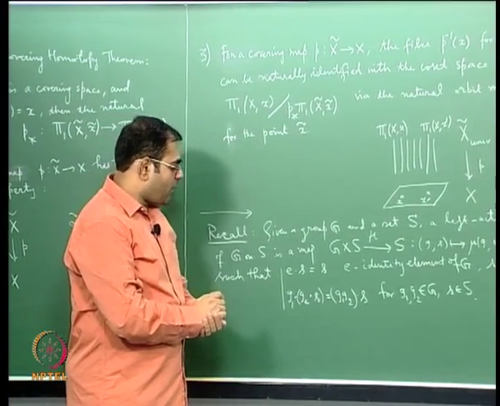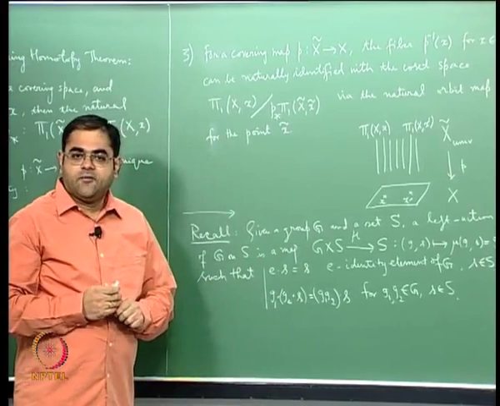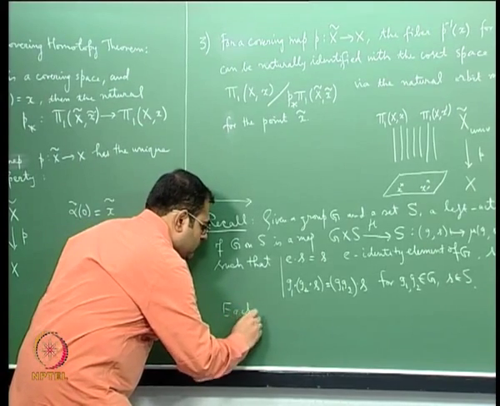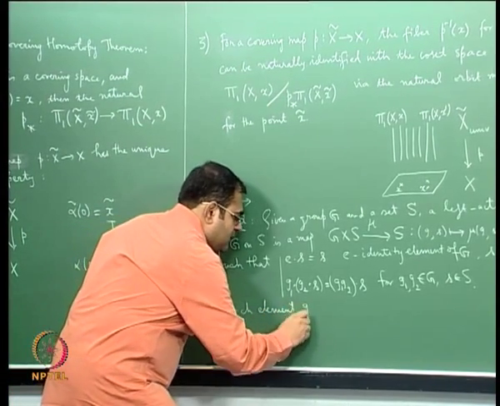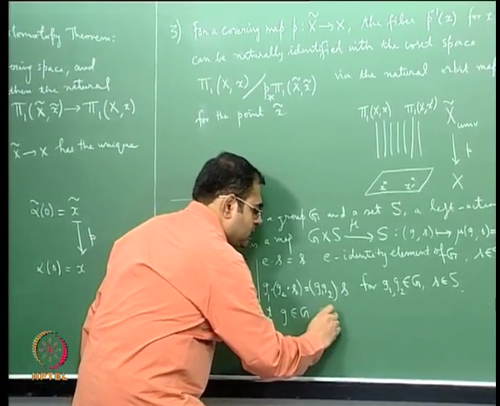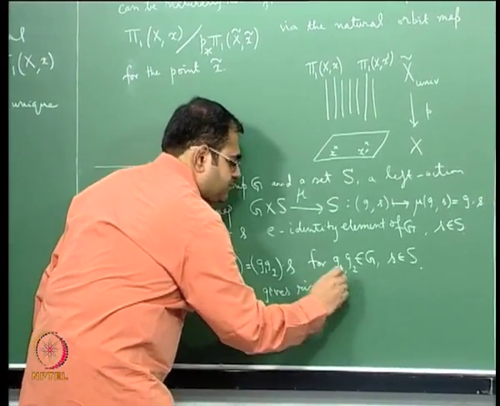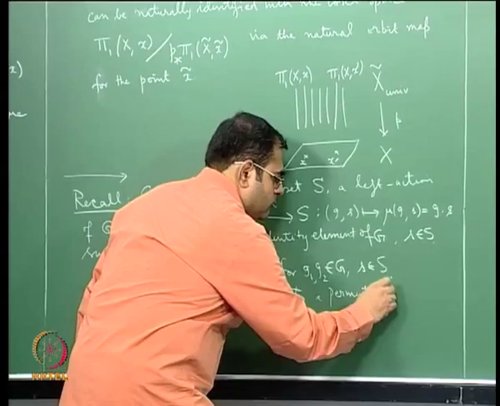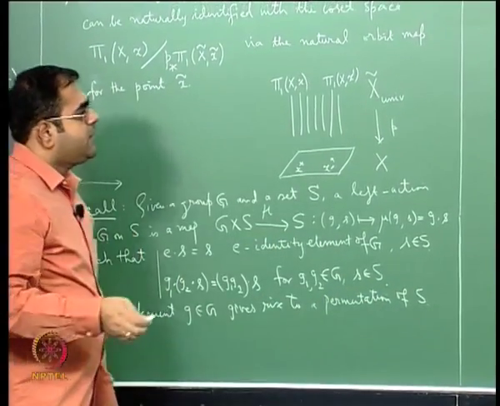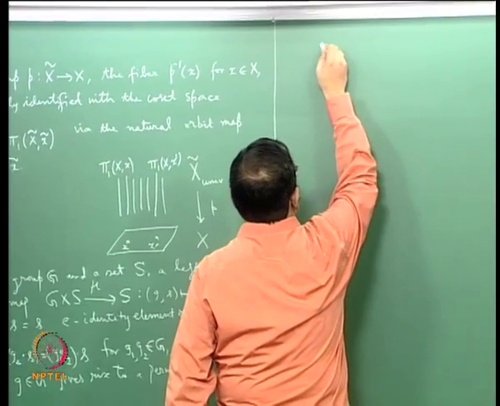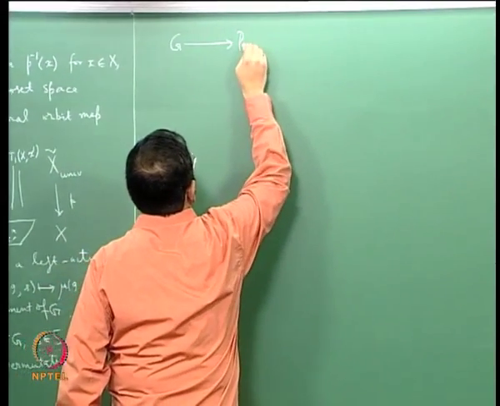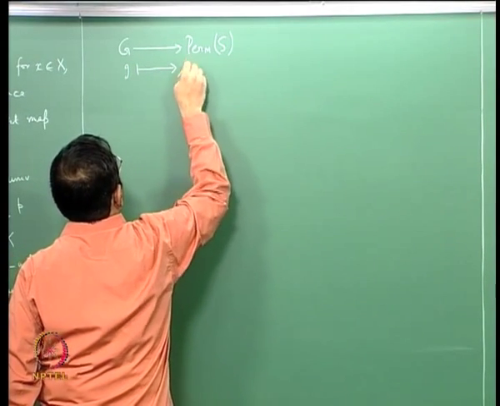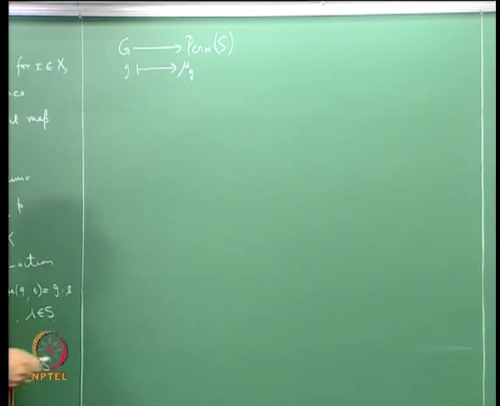So the point is that each element of G will give rise to a permutation of S. In other words, I have a map from G to permutations of S, which I will call mu sub G. And what is this mu sub G?